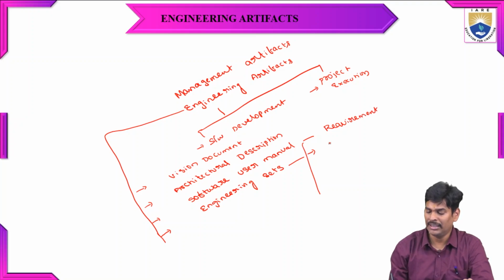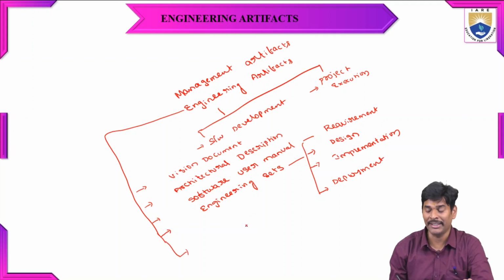Next one is design, or we can call it architecture. The third one is implementation, the fourth one is deployment, and the last one is management. These management sets we can call management artifacts.